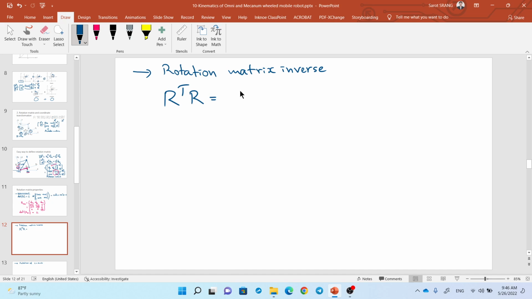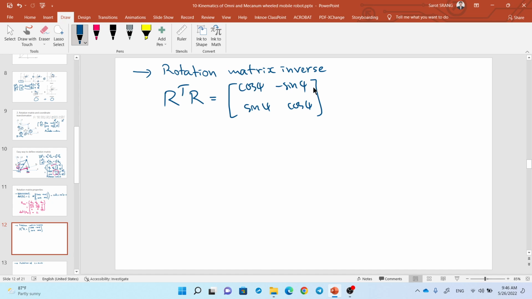So R transpose R is, you check cosine psi, sine psi, minus sine psi, cosine psi. Just remember cosine and then minus sine, because these two are perpendicular.